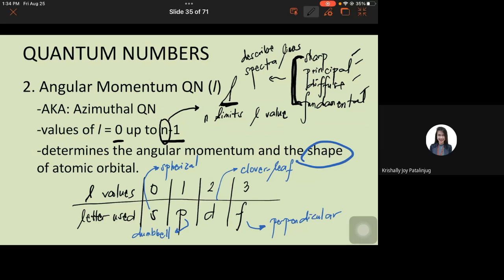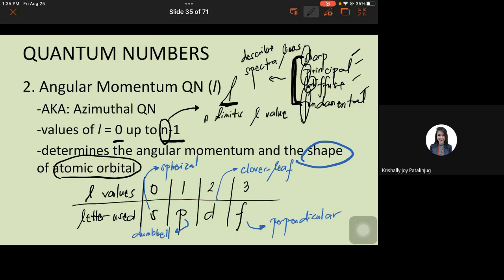Right after quantum mechanics was developed, the first letter of each word was just adopted, and this time the letters were intended to describe a shape, the shape of the atomic orbital.